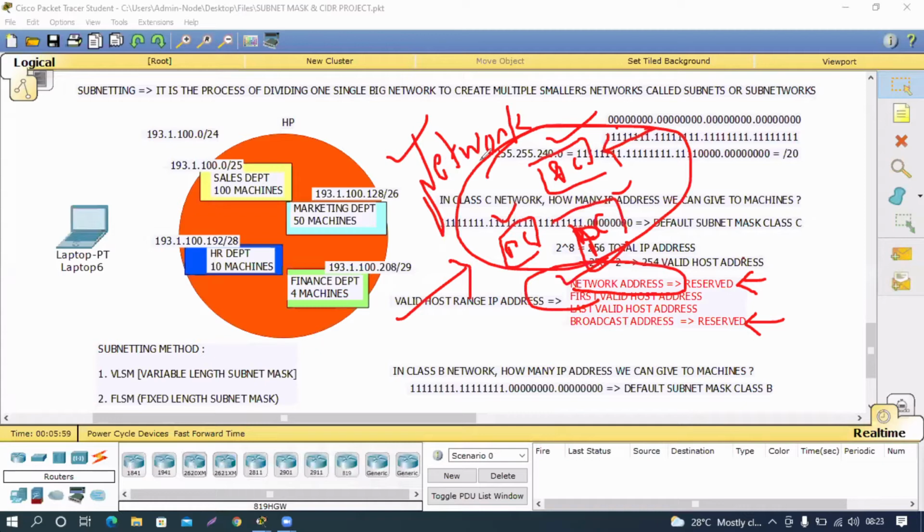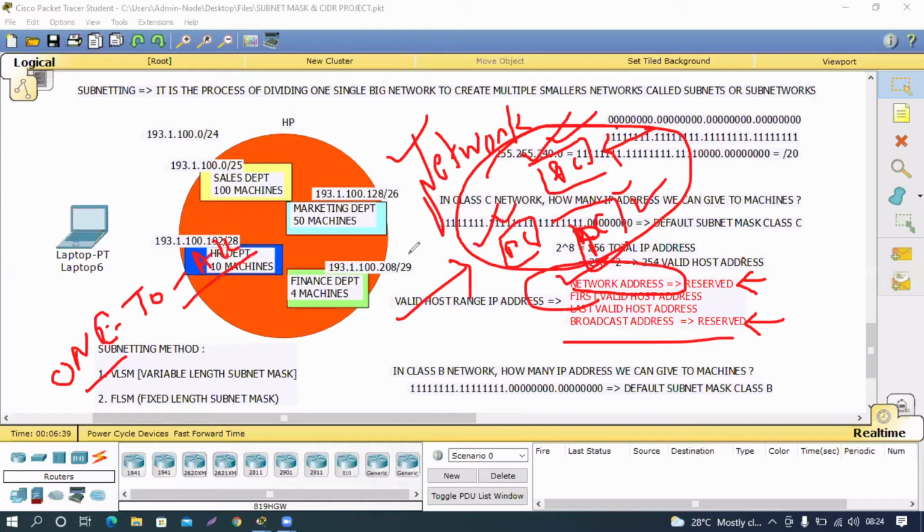All these machines belong to which network? This is exactly what the network address identifies. That is why this address is reserved and it cannot be given to a particular machine. The broadcast address is reserved as well, because whenever any machine wants to communicate with all machines within the network, this is when the broadcast address is used. That is what we call one-to-all communication. It can be any machine, whether this PC, this PC, or this PC.